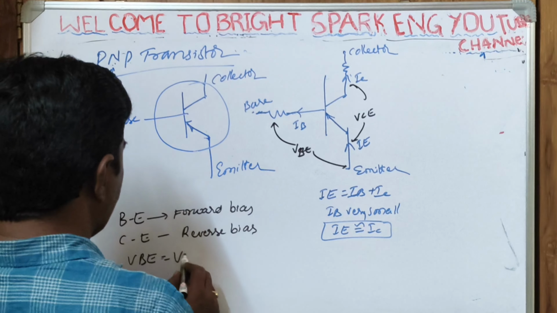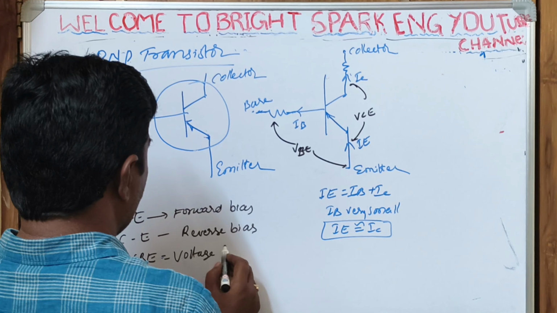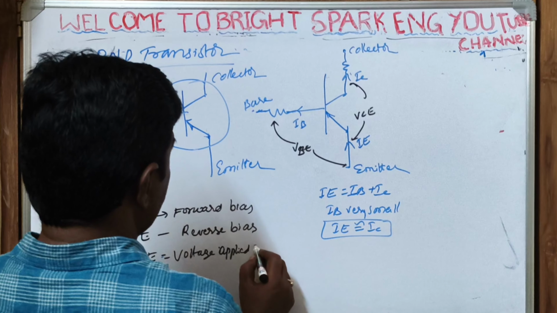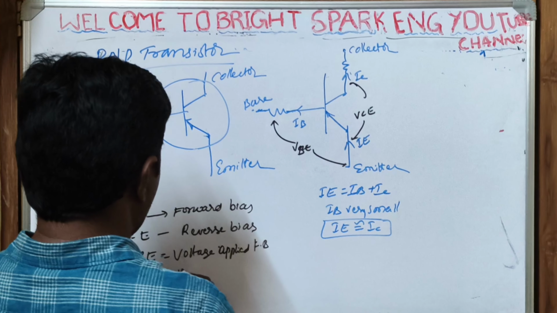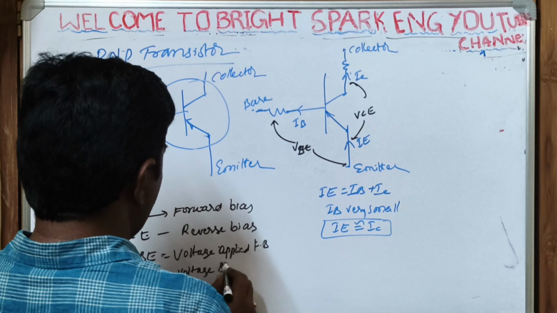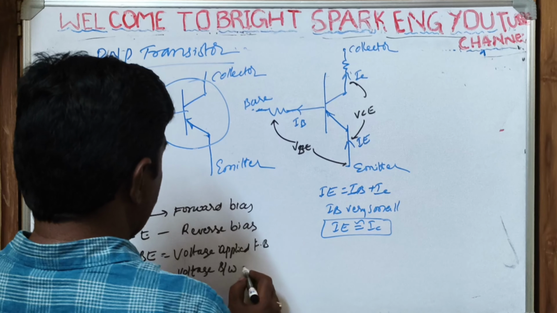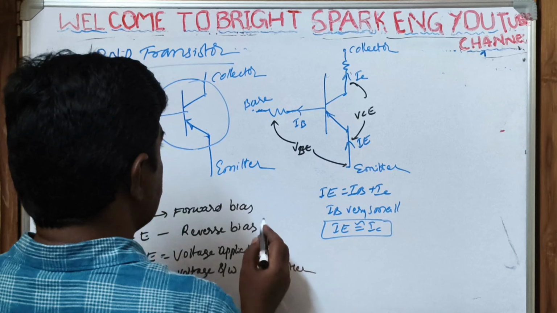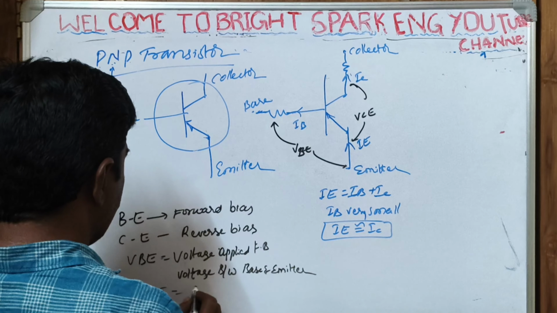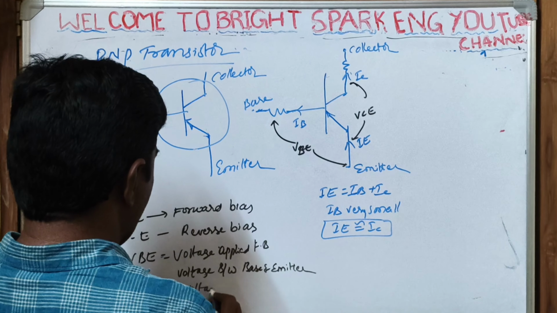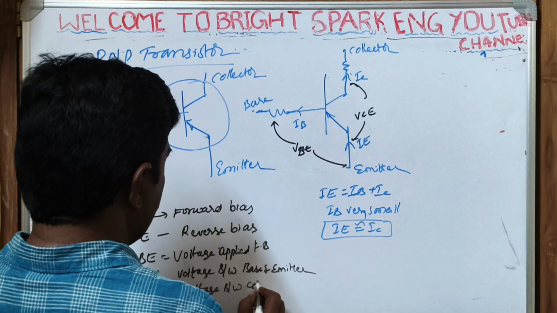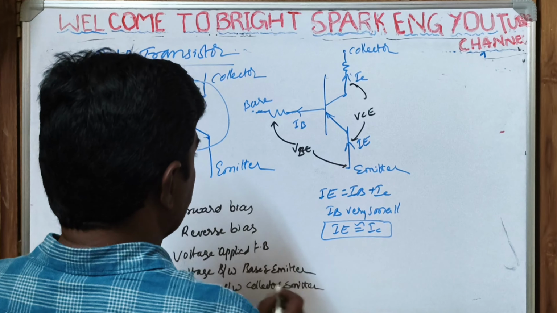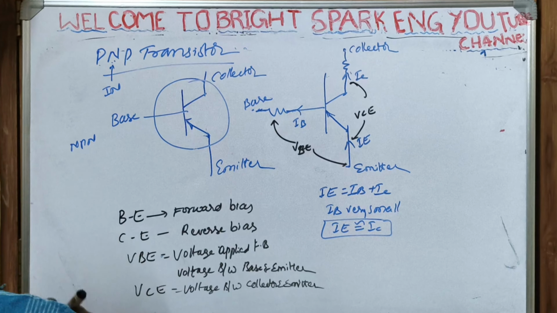VBE is equal to voltage applied to forward bias, or voltage between base and emitter. Same like that, VCE is equal to voltage between collector and emitter terminals. Okay, this is the PNP transistor.